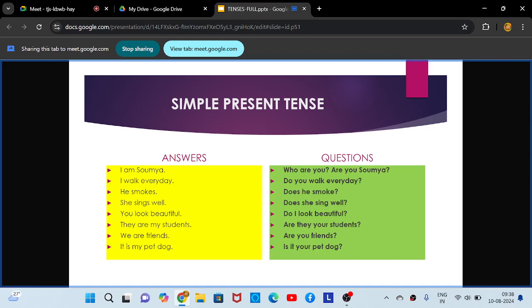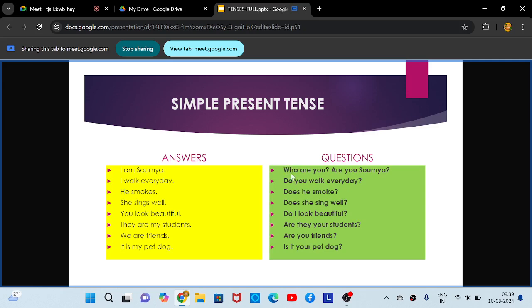Here you can look at some examples. I will just read the questions, then I will come back to answers. The first one is, who are you? Are you Soumya? The question "who are you" starts with a question word. All the questions will begin only with auxiliary verbs, but who is not an auxiliary verb.